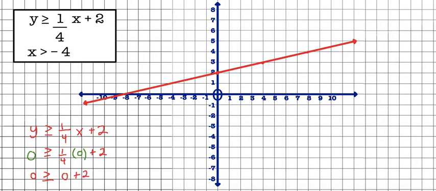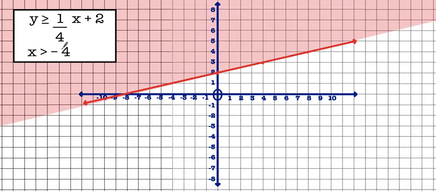So here we end up with 0 is greater than or equal to 0 plus 2, which is just 2. And we know that that is not true. So we're not going to shade the area with 0, 0. We're going to shade above that line, and we could also shade that in red to match our line.